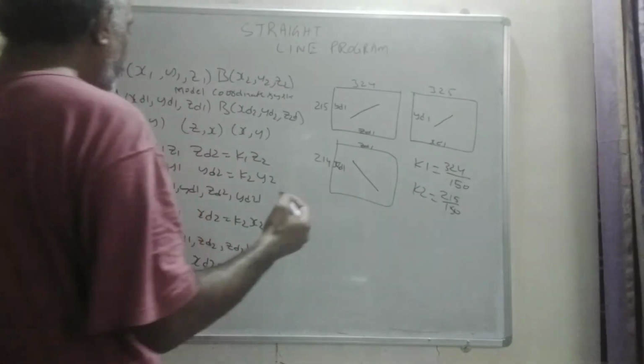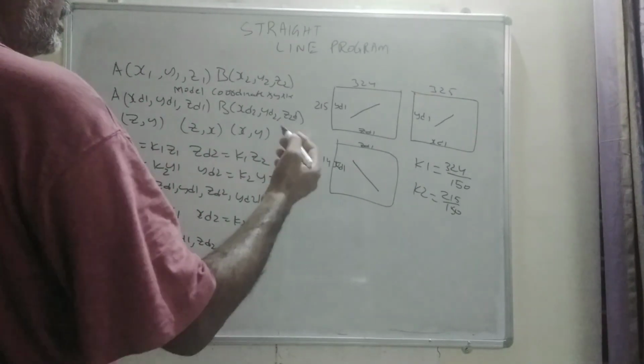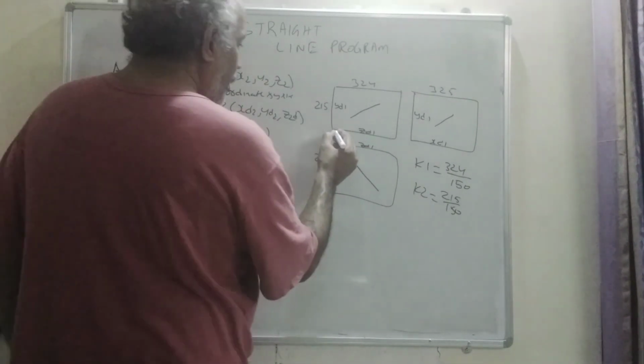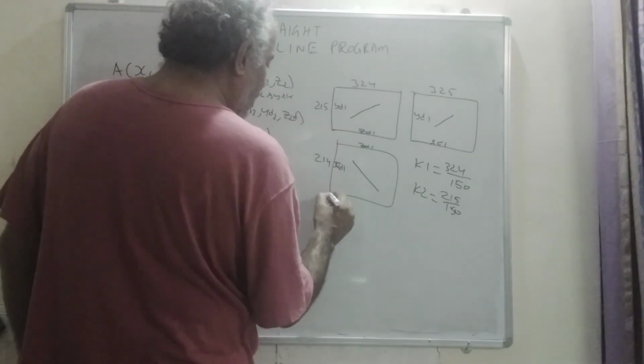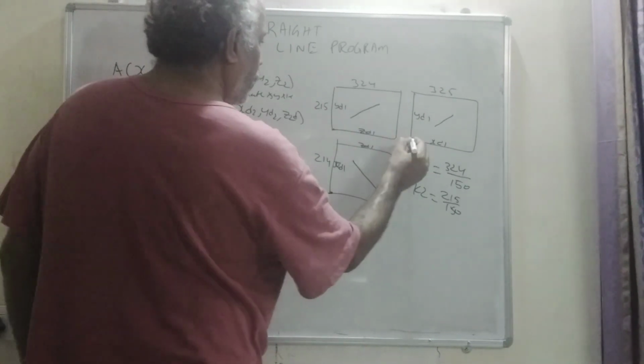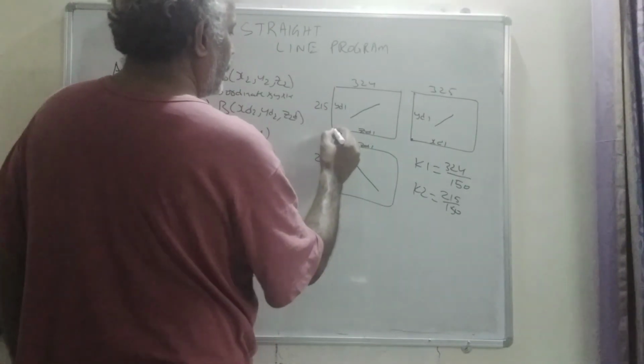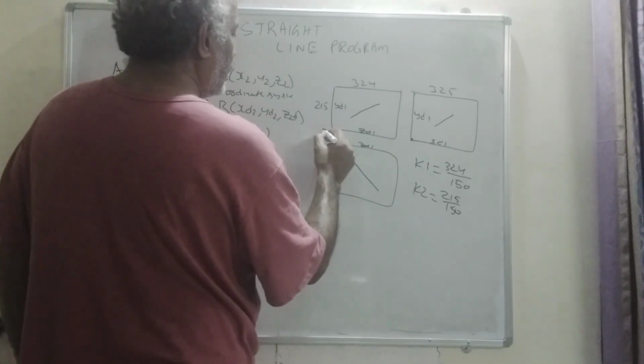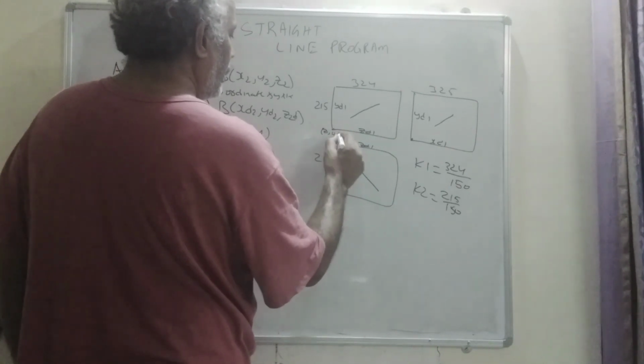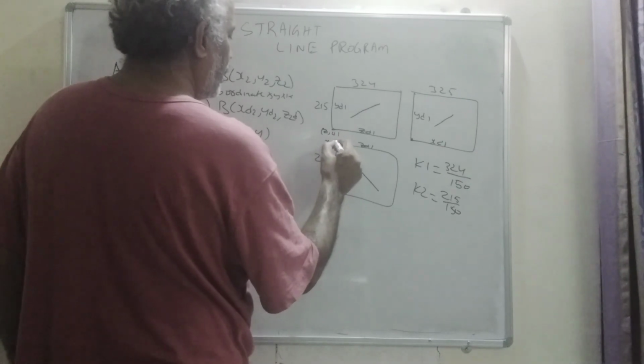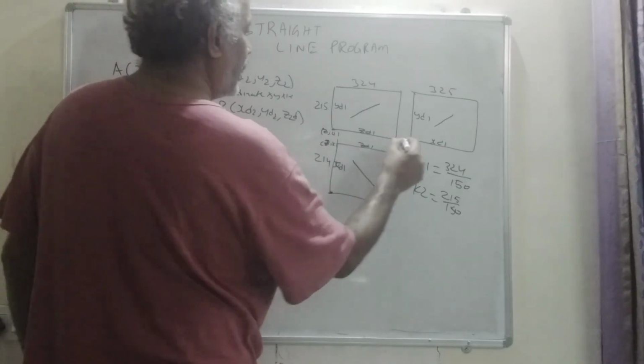Now, to transform this, these three lines are with respect to the local coordinates: z, y, and z, x, and x, y.